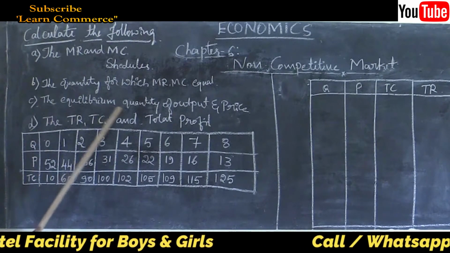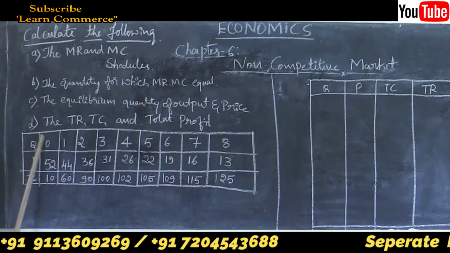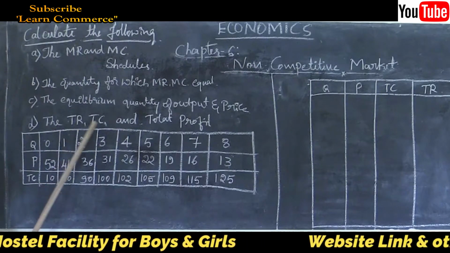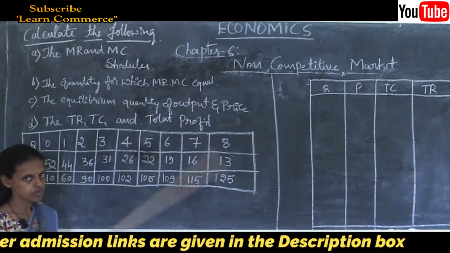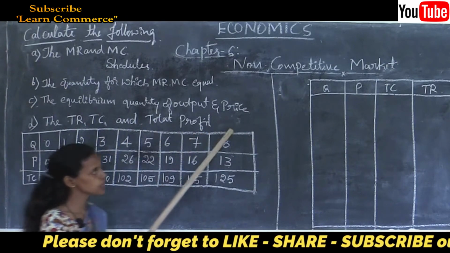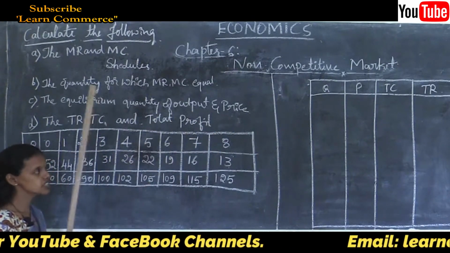C, the equilibrium quantity for output and price. And D, the total revenue, total cost and total profit of the equilibrium firm. How to get the total revenue, total cost and total profit of the equilibrium firm under the monopoly situation.